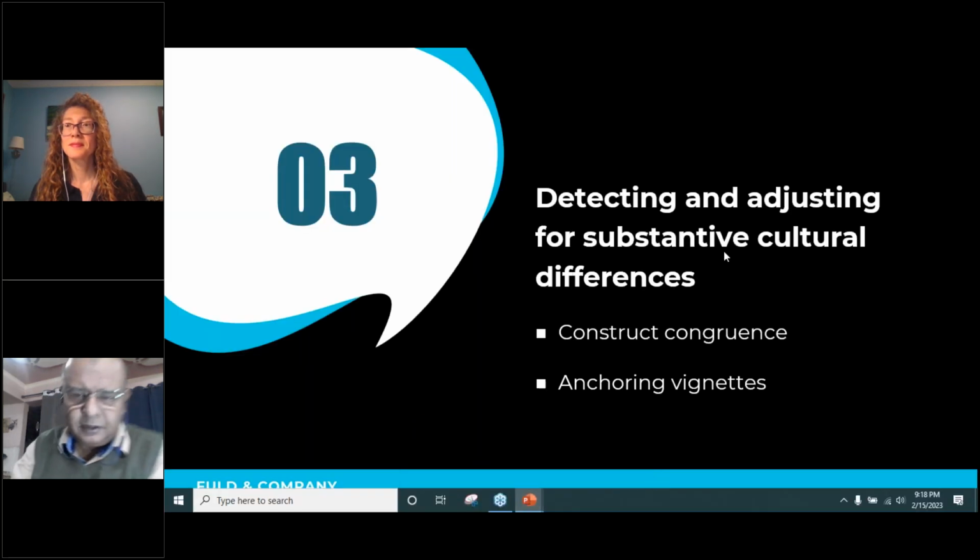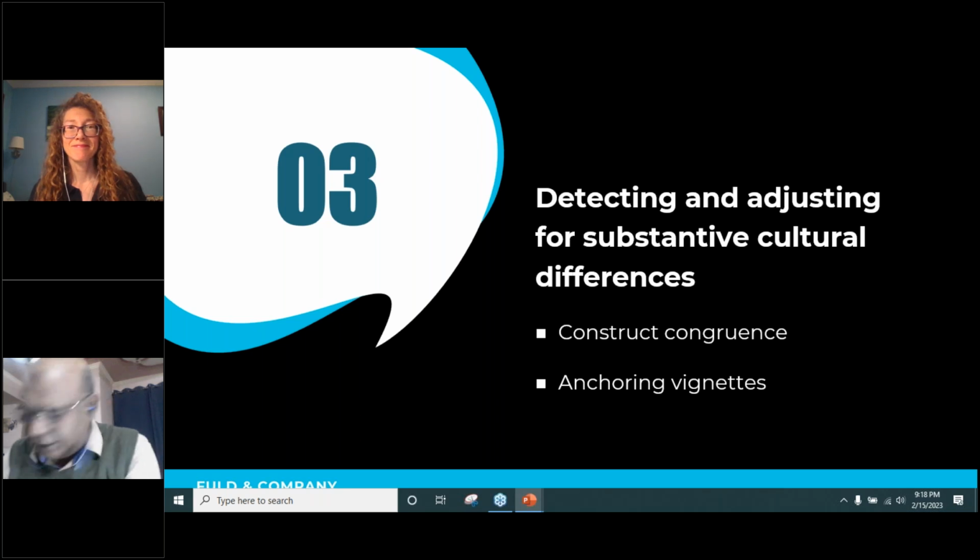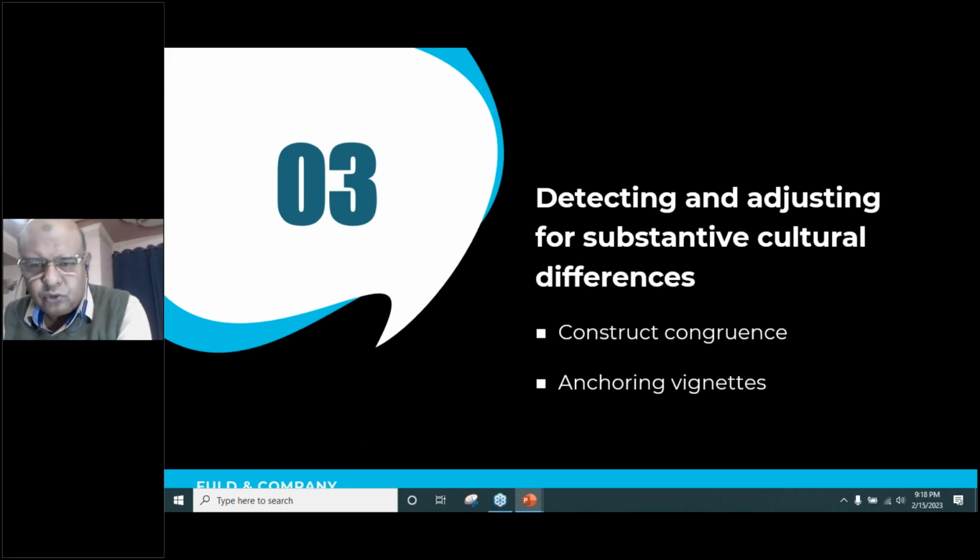Thank you, Michelle, for taking us through the different types of cultural differences that we might encounter in a way that impacts the results of our surveys, or even impacts neutral survey design. So we will now focus on both of these two types of differences, which is substantive differences as well as scale use differences.